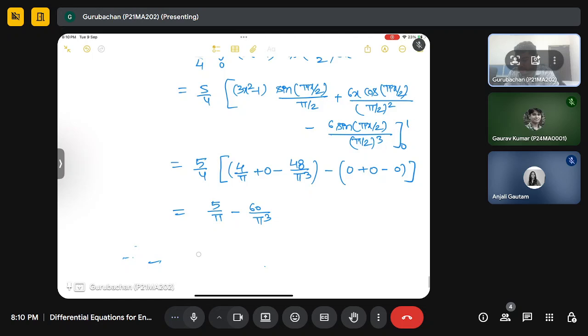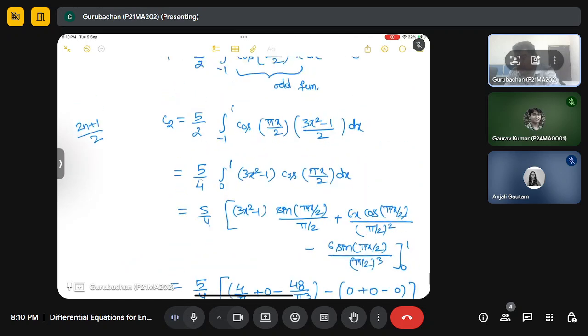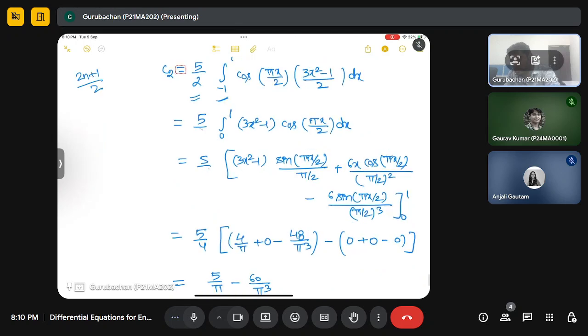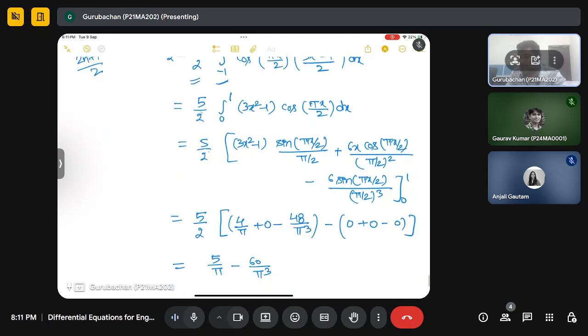Let me write it. There is 5 by 2, till now it is correct. So this will become 5 by 4, but from here there will be a contribution of 2. So this will be 5 by 2. Till now it's 5 by 2.